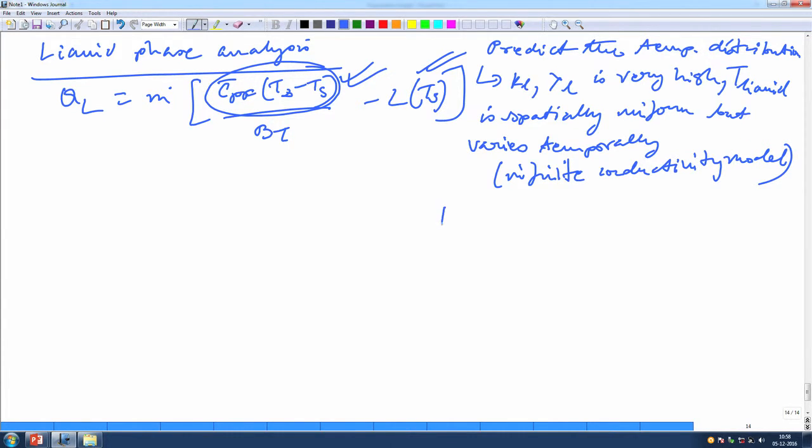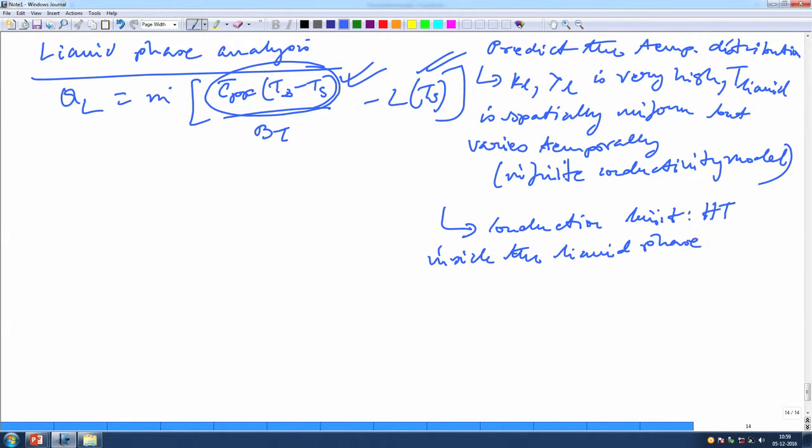Similarly, there could be a conduction limited model, the conduction limit, where heat transferred through the droplet solely happens due to thermal conduction. So, the conduction limit is that heat transfer inside the liquid phase happens only due to conduction, solely due to conduction.